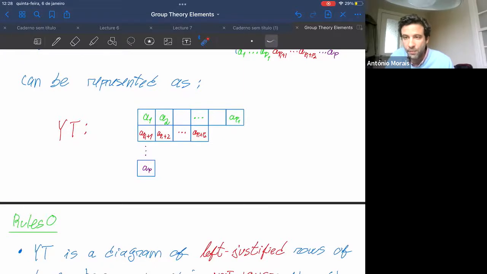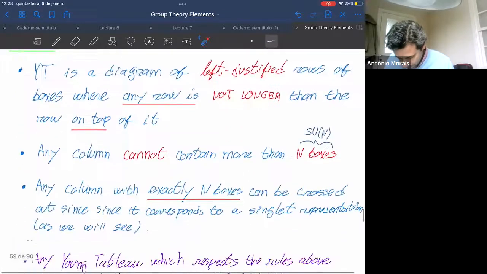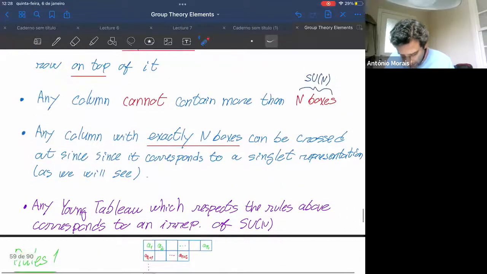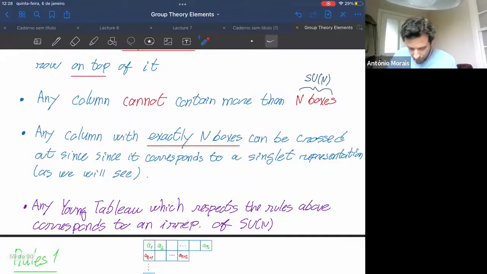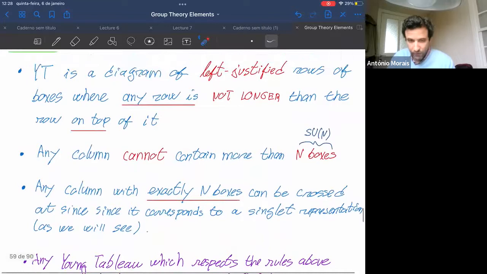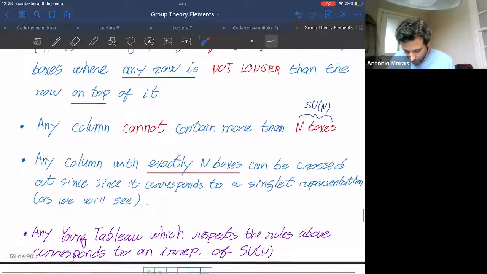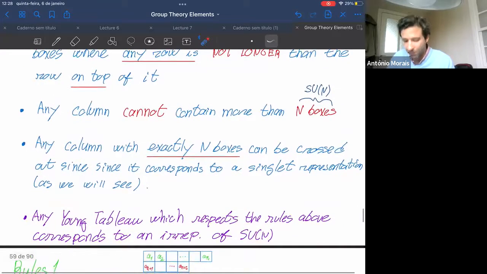So you could remove it from the Young Tableau, in fact. So any Young Tableau which respects the rules above corresponds to an irreducible representation of SUN. So when you have these three conditions of this set of rules, number 0, fulfilled, you have an irrep of SUN.